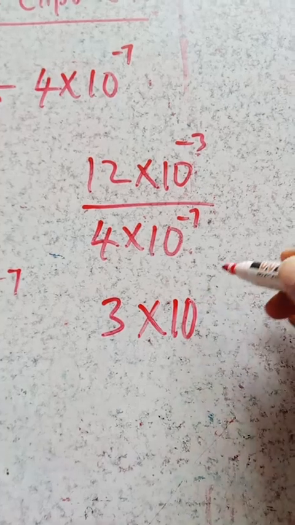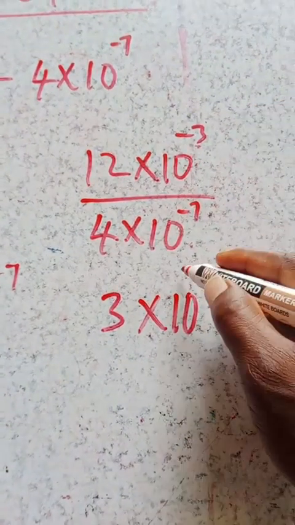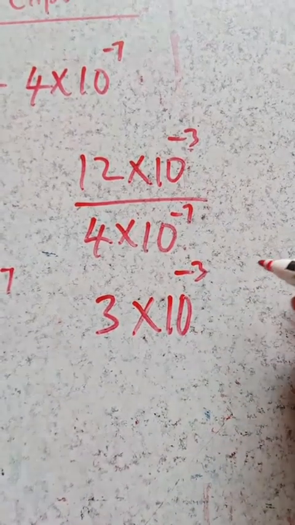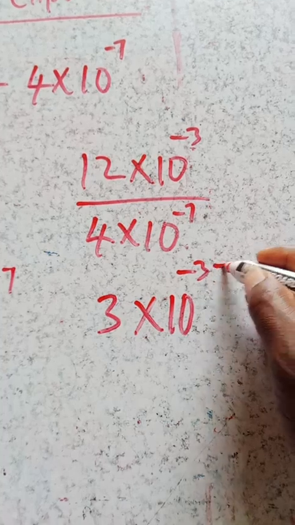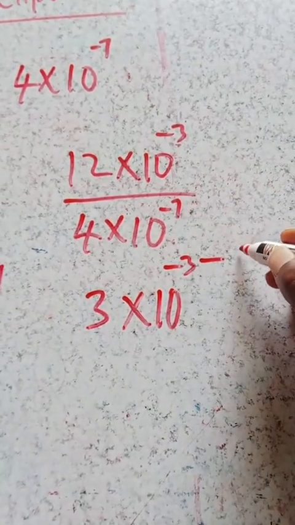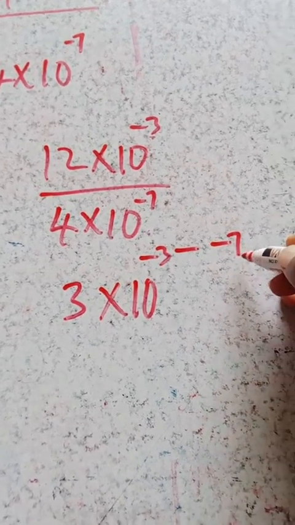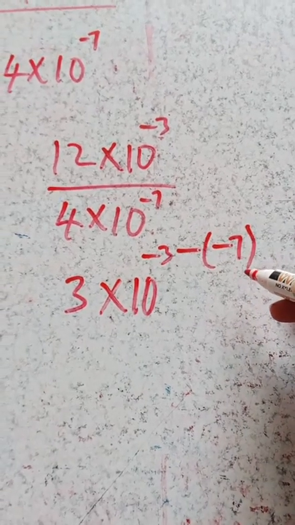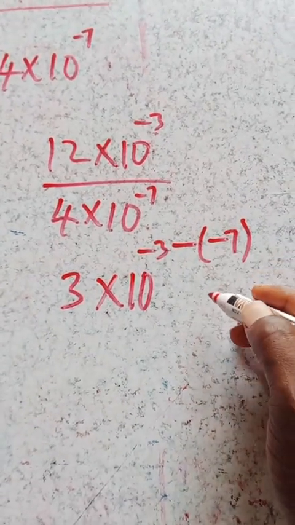The power of the first one is minus 3. Then you are subtracting, and subtraction means minus, and the other power is minus 7. So you put a bracket here to separate these two minus signs.